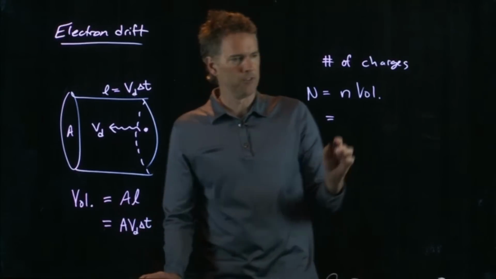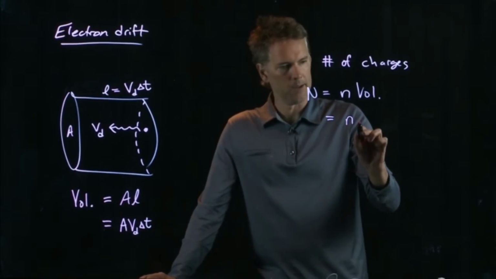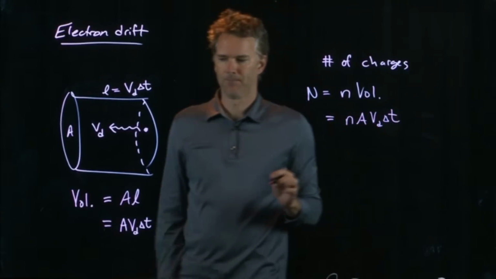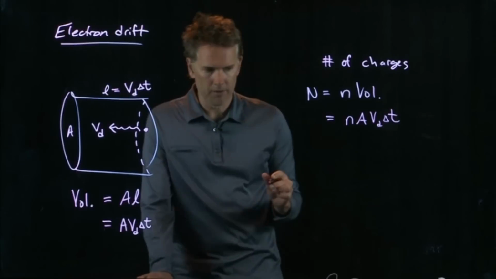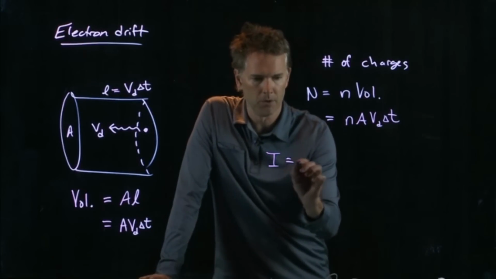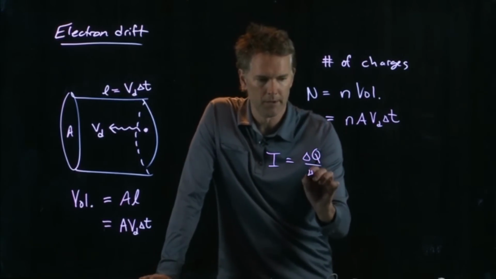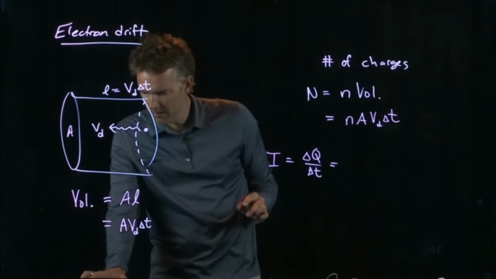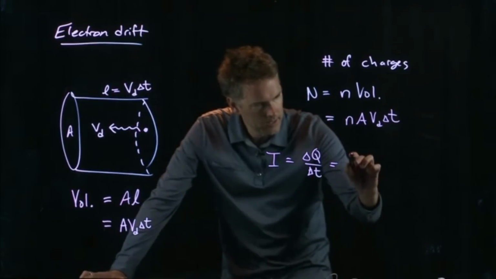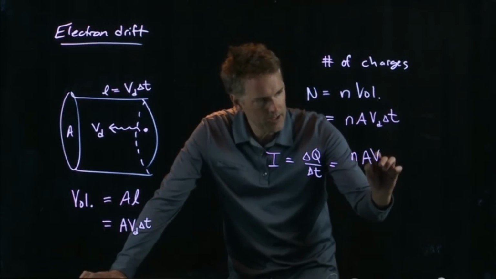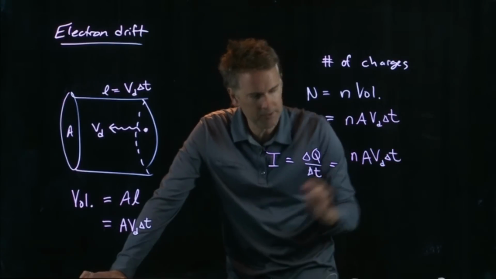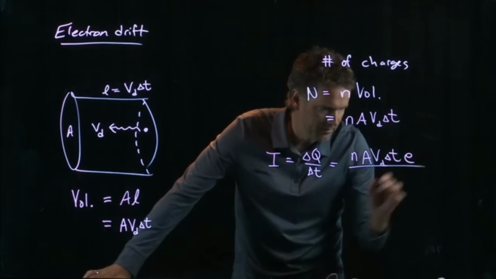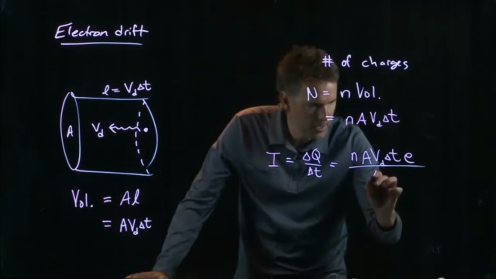And so it looks like it's just n times A times V_d delta t. And now we can write all this in terms of the current. I, we said, was delta Q over delta t. And delta Q, we said, was little n, A, V_d, delta t. And we're going to multiply by the charge of the electron. Don't worry if it's positive or negative. And then we're going to divide by delta t.